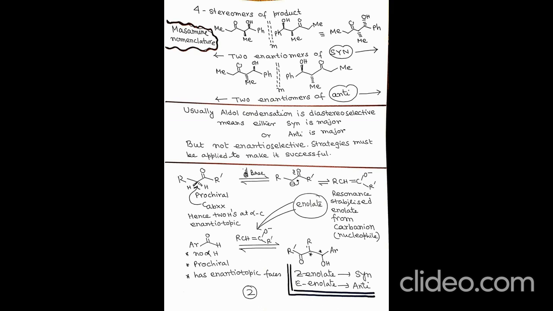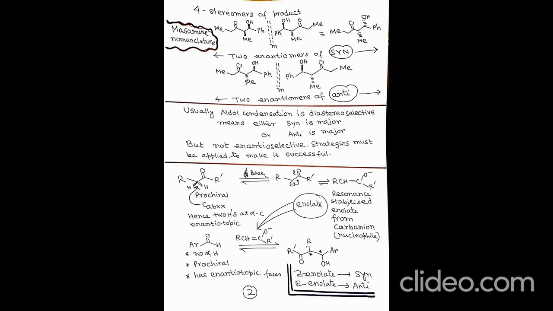As already I have told, there are 4 stereoisomers of the product. Therefore, Syn will have a pair of enantiomers, and in the same way Anti also will have a pair of enantiomers.